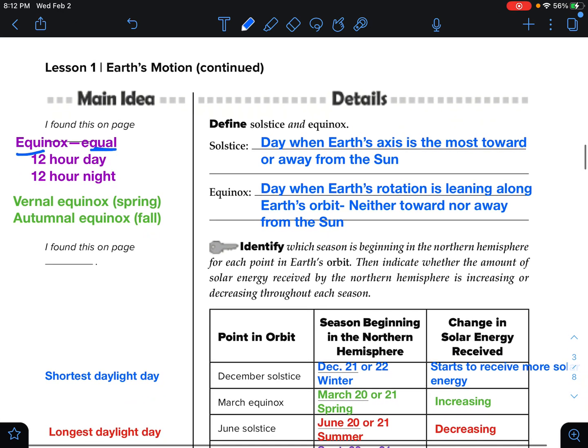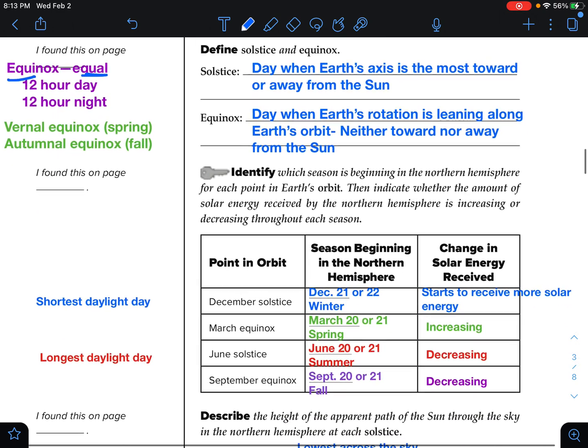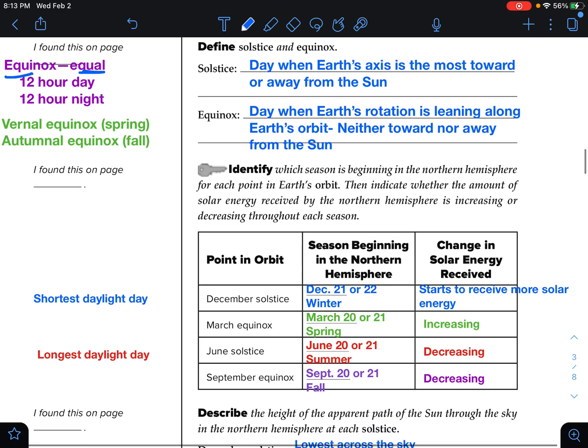So then let's come down, and guys, at any point here, you just need to pause this video and get things filled in and then restart. So we have this little chart where we would be filling in the dates and the seasons. So the December solstice would be December 21st or 22nd, the start of winter. And March 20th or 21st is the start of spring.